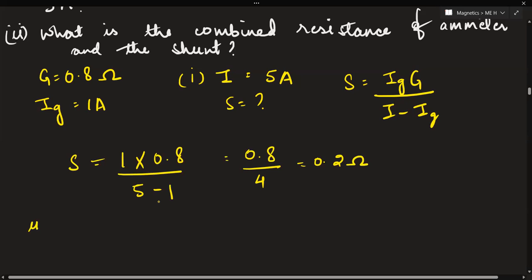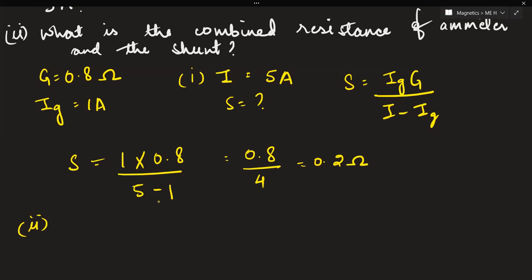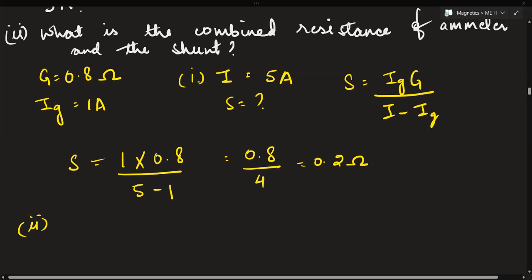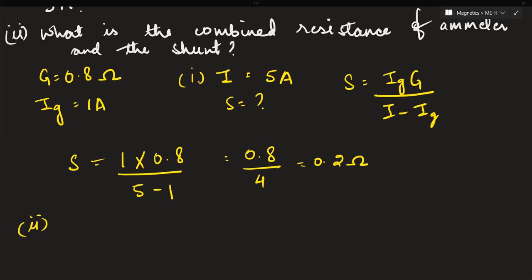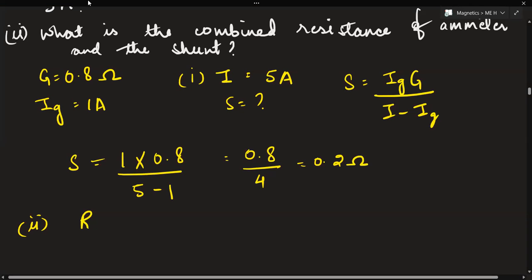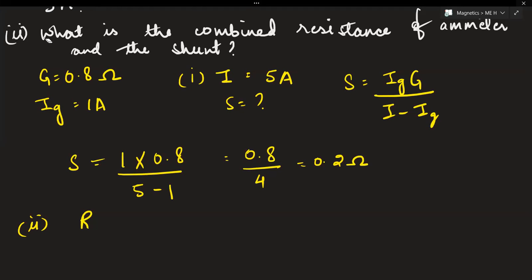The second part asks what is the combined resistance of ammeter and shunt. So ammeter and shunt, how are they connected? Series or parallel? Respond, class. Parallel. Good. They are connected in parallel. So let me just write it in terms of geometry.